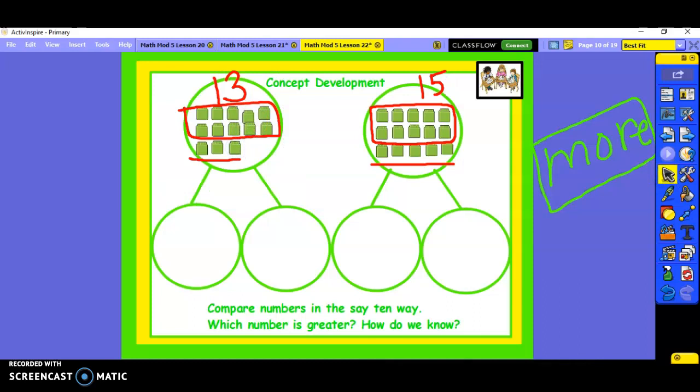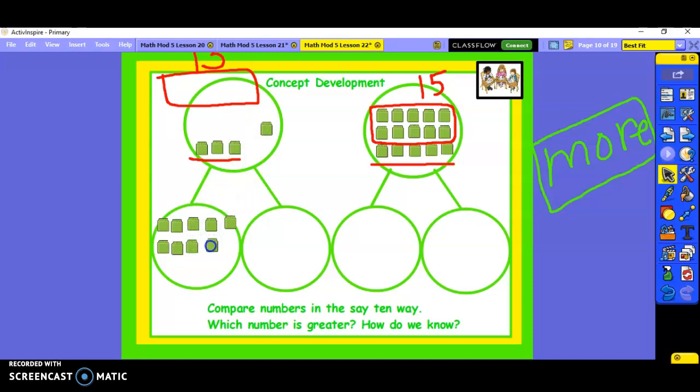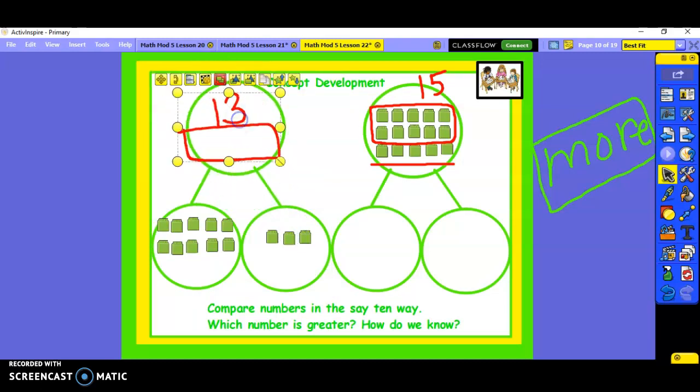So let's move our 10 down here, and let's show 13 as 10. And let's move our 3 over here. So we broke up 13 into 10, 3.